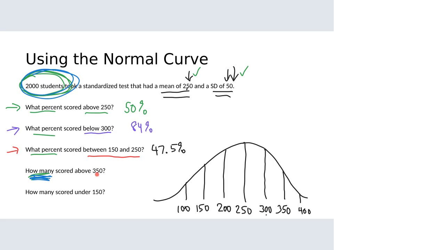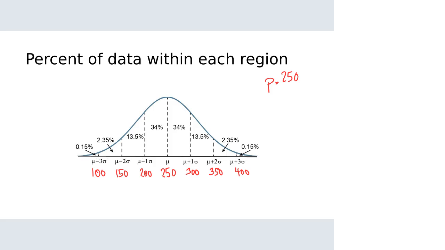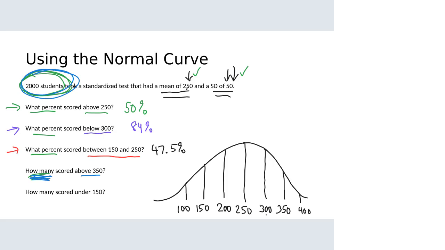How many scored above 350? So I'll go back to my picture and I'll find 350. Above 350 is over here. So that's not very many. It's just these two percents added together. 2.35 plus 0.15 is 2.5%. So it's only 2.5% that scored above 350.